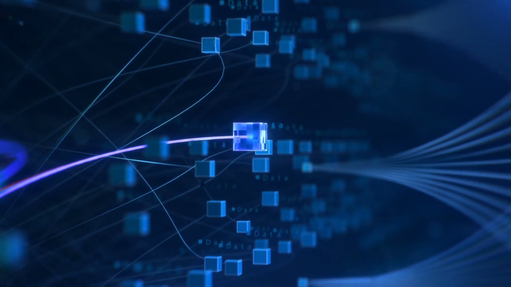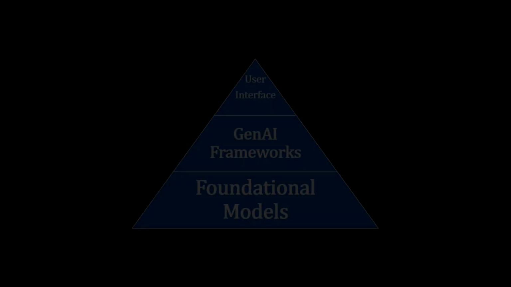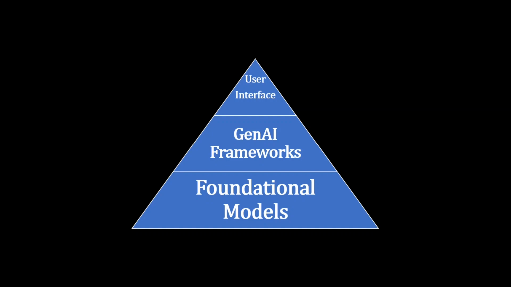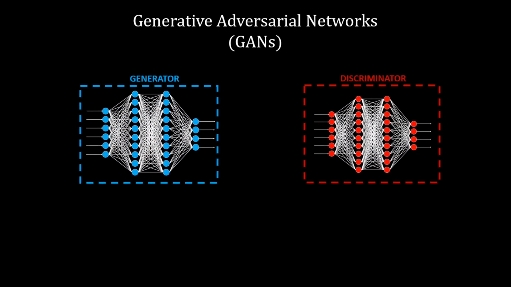Two specialist neural network technologies have transformed Gen AI as well: Generative Adversarial Networks, that is GANs, and Transformer-based networks, like ChatGPT. GANs employ two neural networks, a generator and a discriminator, engaged in a conflicting game.